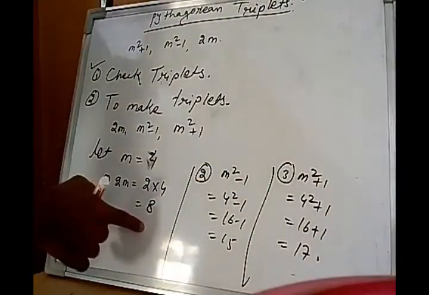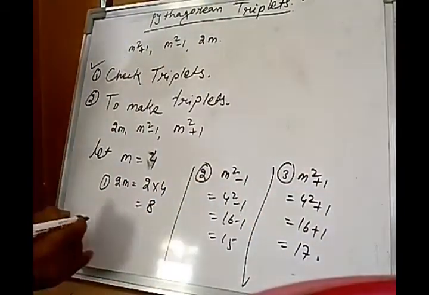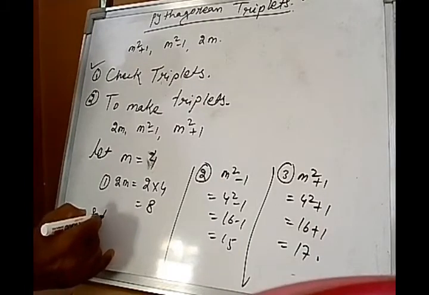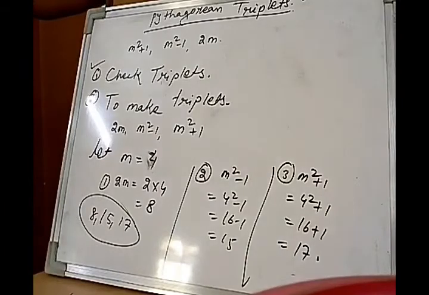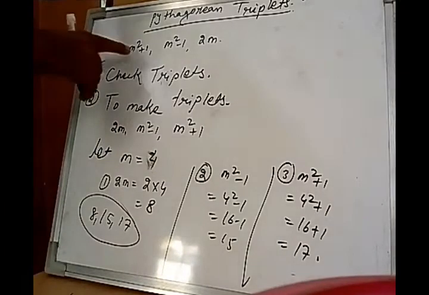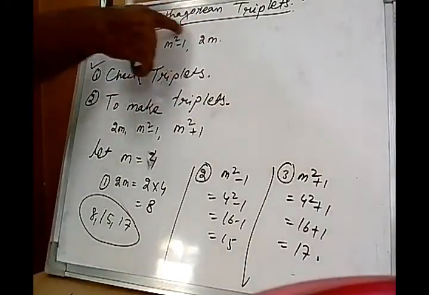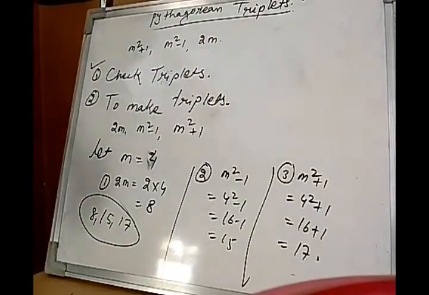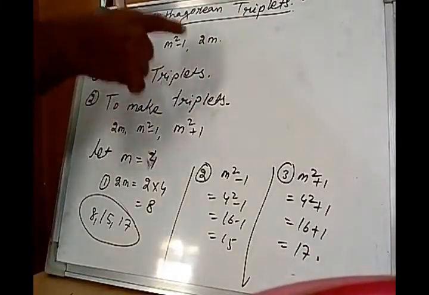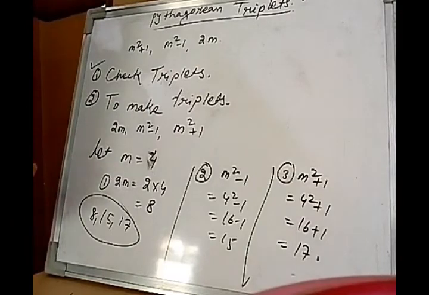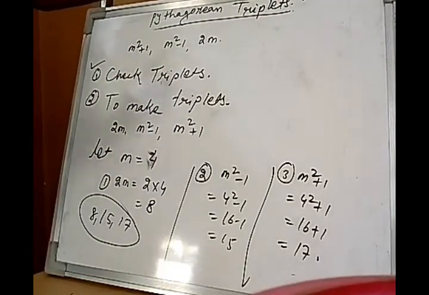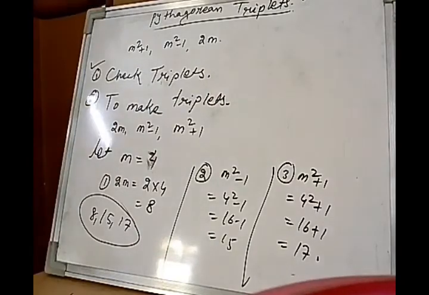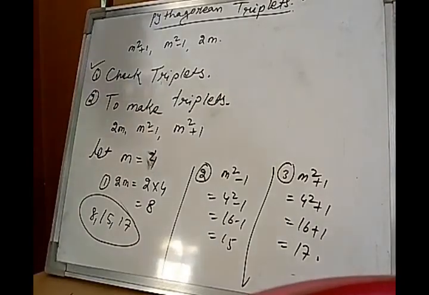So here 8, 15, 17 are the Pythagorean triplets. So by using these three forms of Pythagorean triplets, we can check whether triplets belong to Pythagorean or not, and we can make different triplets according to our choice. So this is what Pythagorean triplets are.